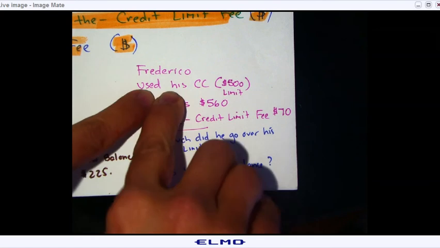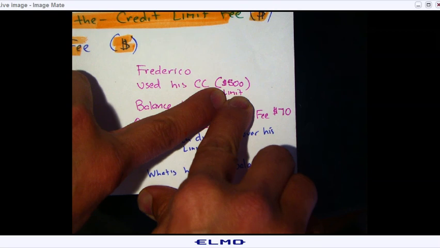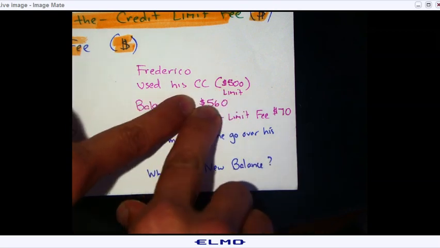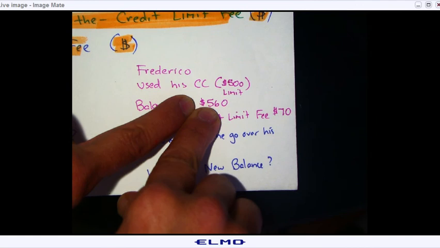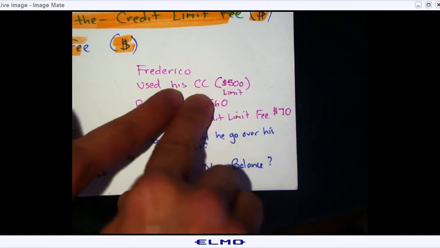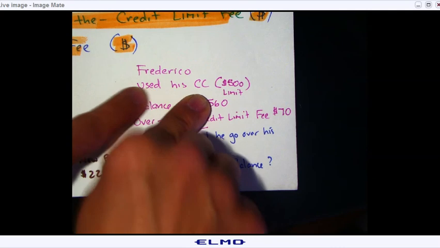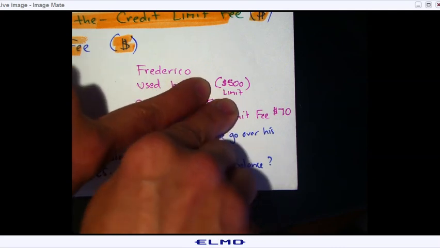Well, his credit card has a $500 limit, so his balance on his credit card is 560. No, I'm sorry, maybe I'm writing it incorrectly. So he uses the credit card, but remember the limit is 500.